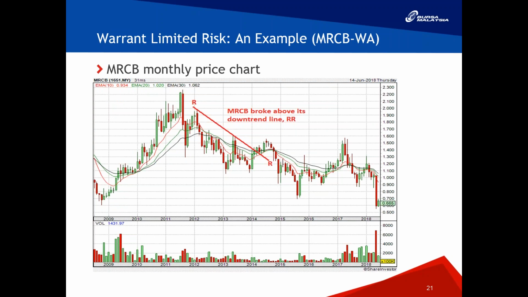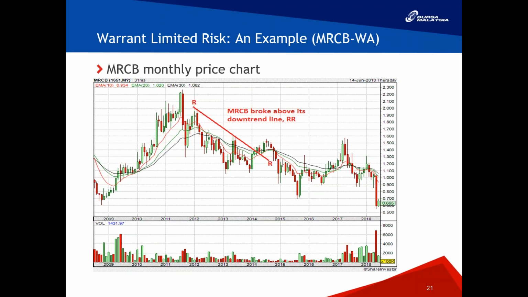But something happened in 2013 when a new shareholder emerged in the company. His name is Saleh Fateh. He injected his personal company, I believe it's PJ Central, into MRCB to take a 12% stake in MRCB.